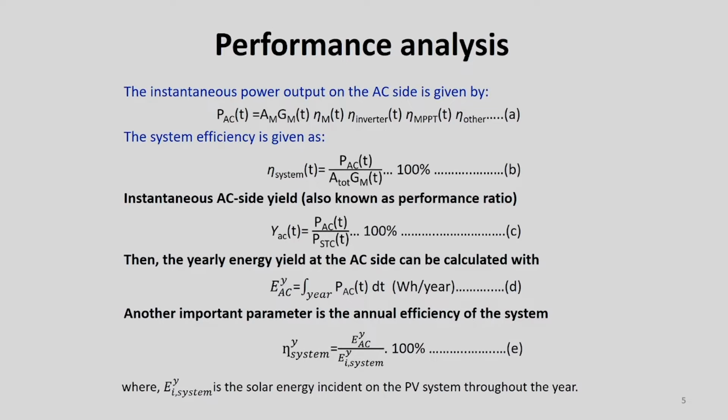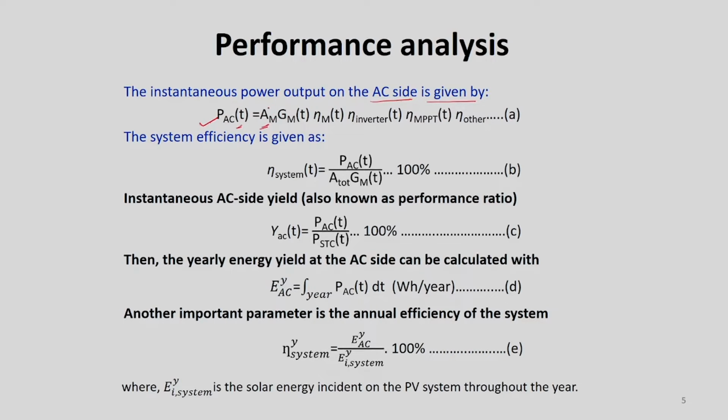Now, if we talk about performance analysis, we need to investigate those parameters as we can visualize now. This instantaneous energy output on the AC side is given by P_AC, a function of time.